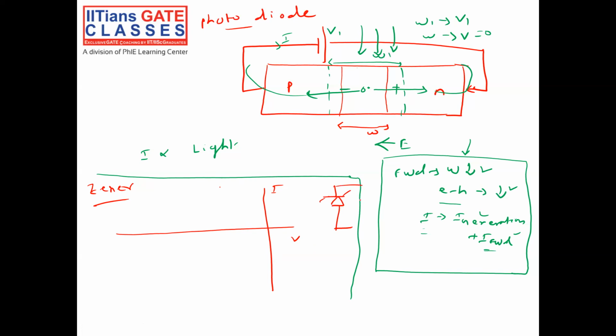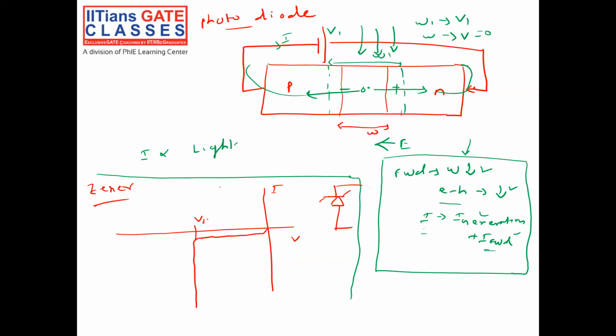If you go on increasing the reverse bias, the current will be very small and the voltage will go on increasing. After a certain point, the Zener will break. When it breaks, the voltage will remain almost constant. It is called breakdown.